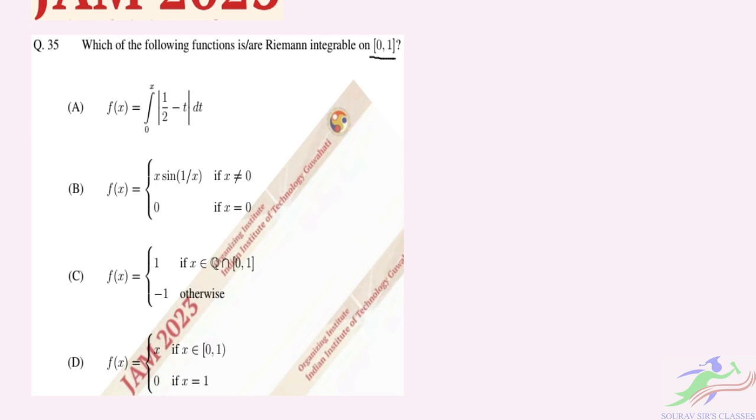So let us check with option number A. It is given that f(x) is the integral from 0 to x of mod of (half minus t) dt, right?